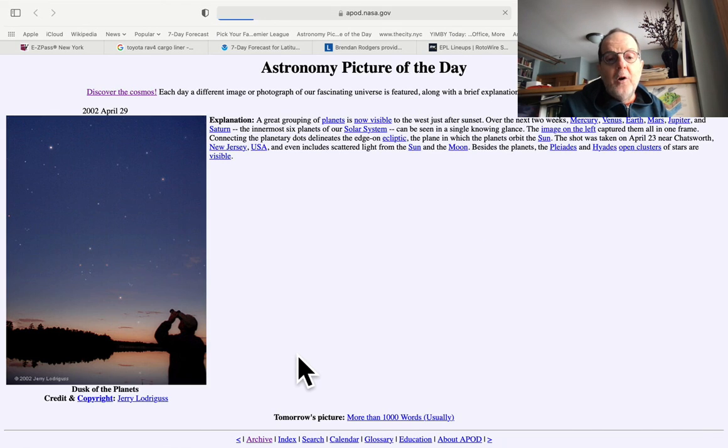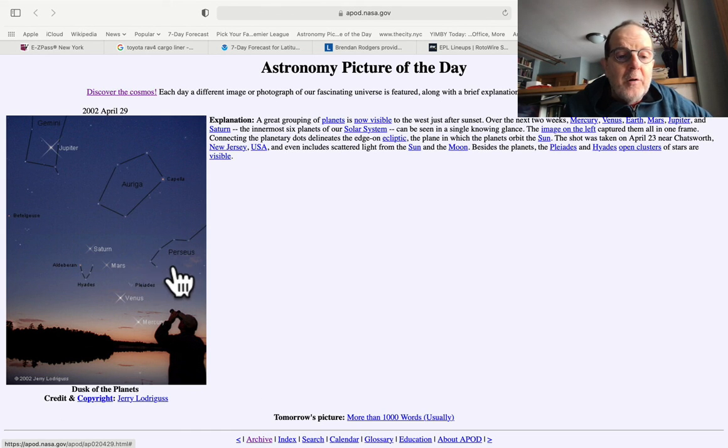And just to go to an image of our solar system that is quite remarkable. We see here Jupiter, Saturn, Mars, Venus, and Mercury all lined up.